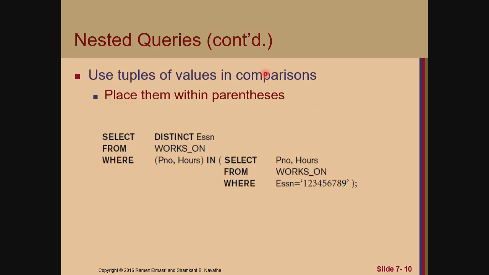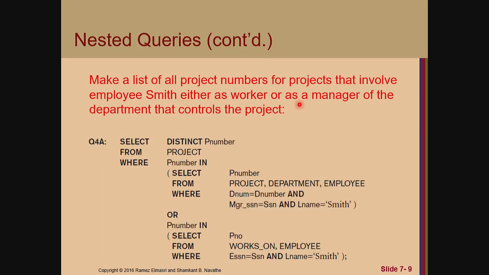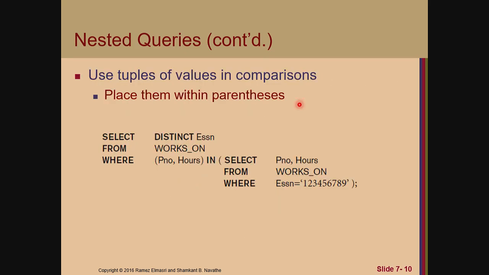Here are tuple values in comparison. Place them within parentheses. Oh, this one is quite easy. Just select the ESSN here, and what happens?